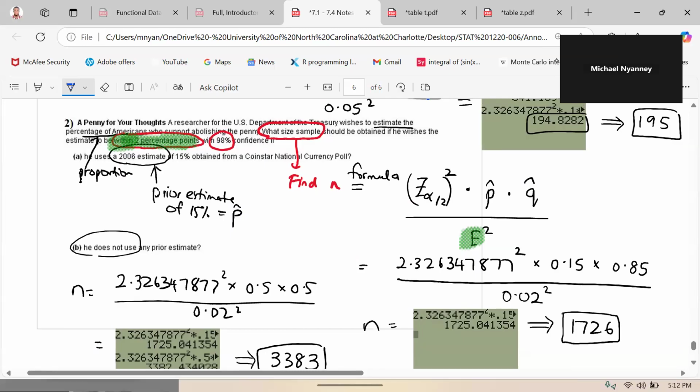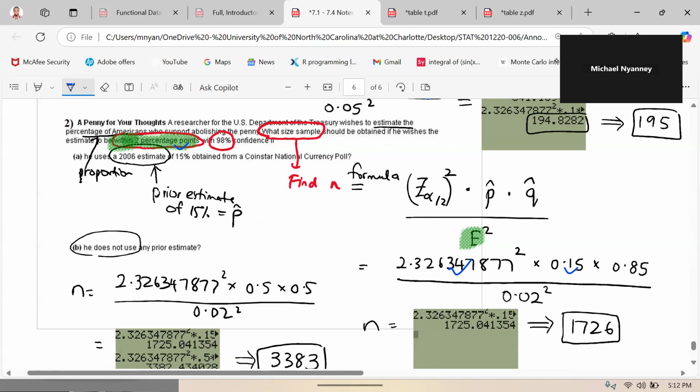We have the C to be 98%, and so alpha is 0.02. What information do you have again? What size sample should we obtain if we wish to estimate to within 2%? So our E is 2%. We have it here using the formula, so we have Z alpha over 2 squared.